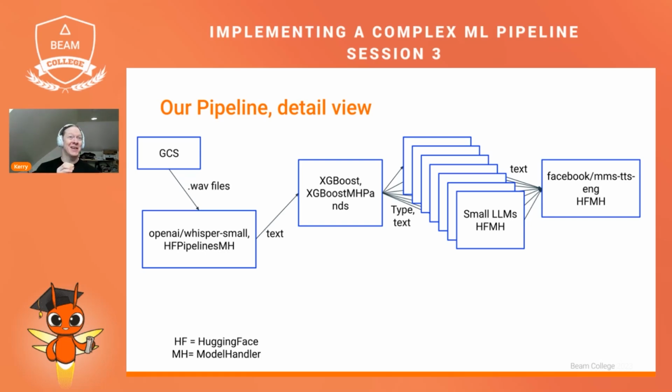Looks like my slide didn't quite line up there, my apologies. The output of that XGBoost model will be the class, the type of request, as well as the text. Those will be sent to a variety of small LLMs, and then those LLMs will output text that is the answer to the user's request. Finally, that text will be sent to the MMS TTS English model. Then we will produce as our final output WAV files once again.